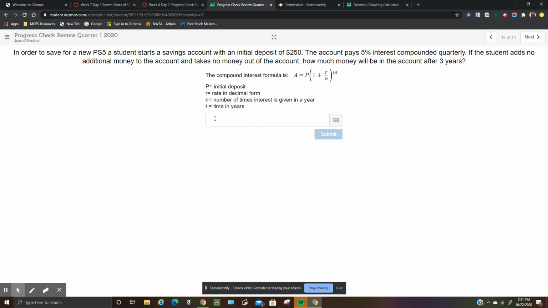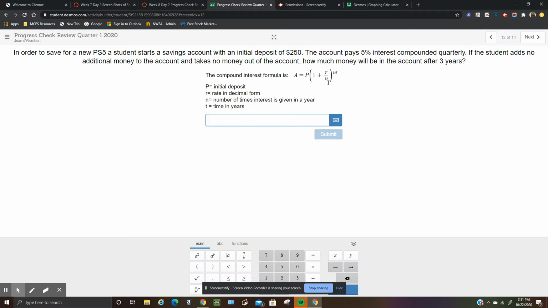All right, so here you're just plugging in the compound interest formula. So A equals 50 times 1 plus the rate, which is 0.05 in decimal form, divided by the number of times you get interest.